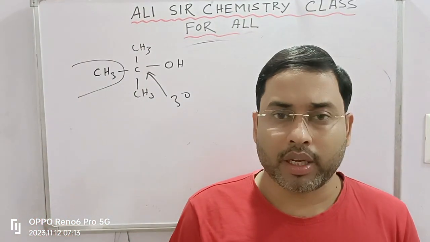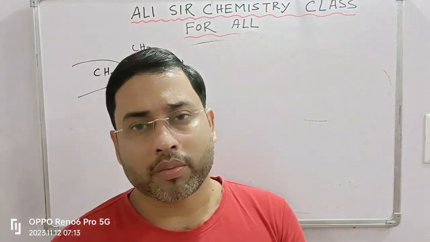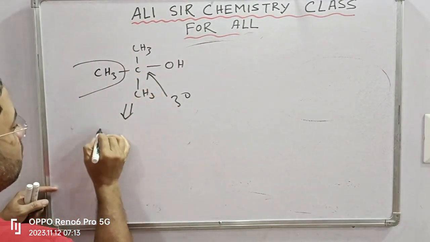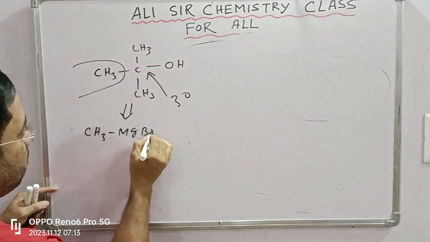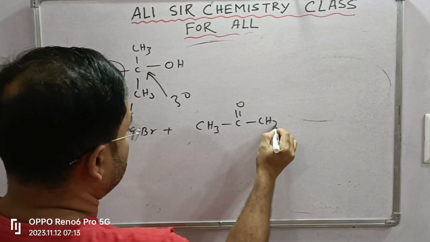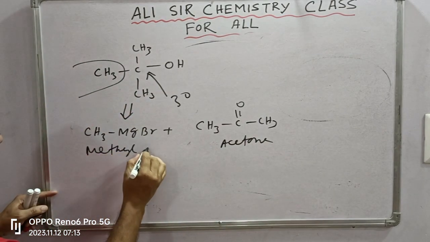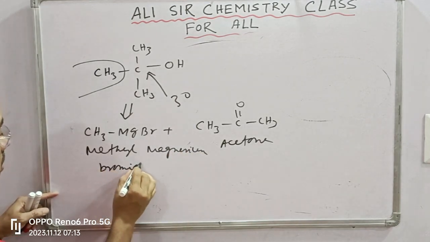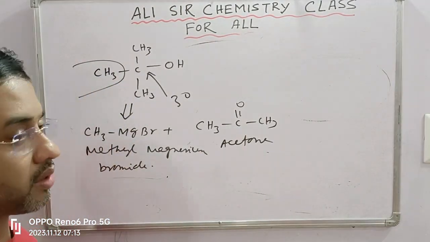The Grignard reagent will be methyl magnesium bromide, and as it is a 3-degree alcohol, the carbonyl compound will be a ketone. So this is coming from methyl magnesium bromide plus CH3 C double bond O CH3, acetone. By using this method, we can prepare the tertiary alcohol.